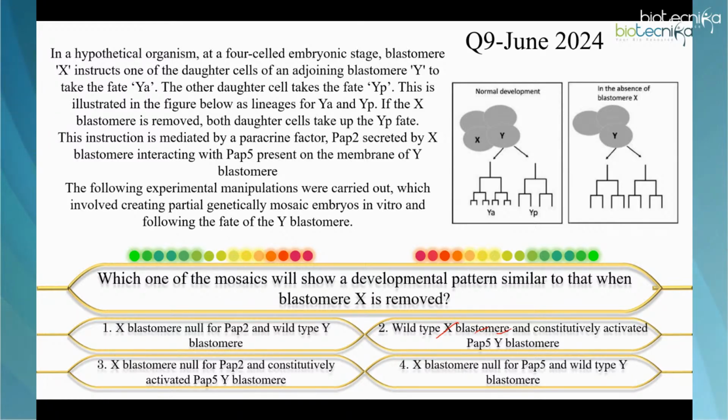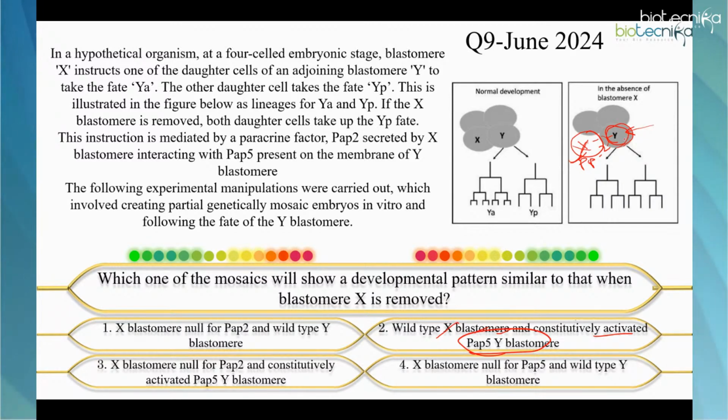Wild type X blastomere. So if you have wild type X blastomere means it will release out the PAP2, and PAP5 is constitutively activated in Y blastomere. So PAP5 in Y blastomere is always activated. So whether the signal is there or not doesn't matter. Y has the receptor always activated even without the signal. Okay.